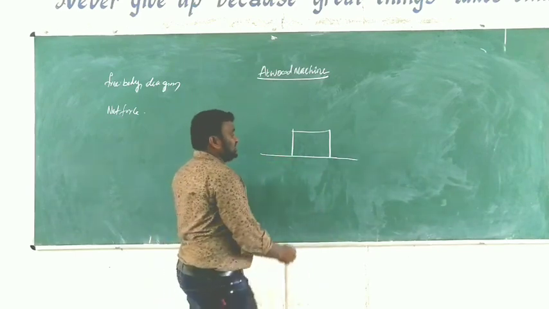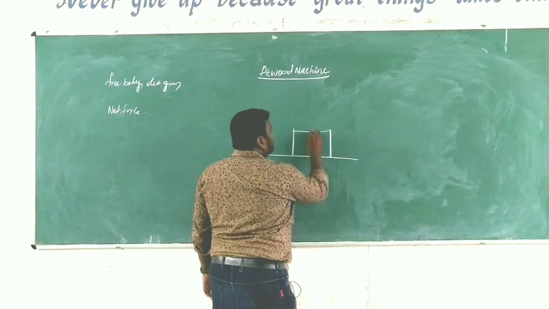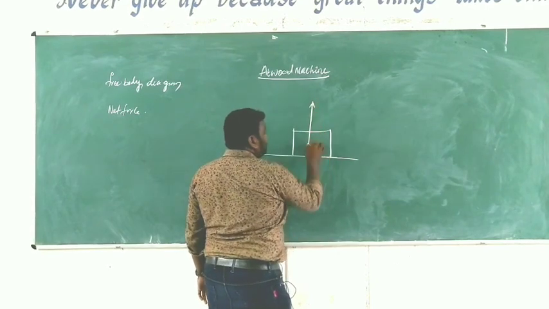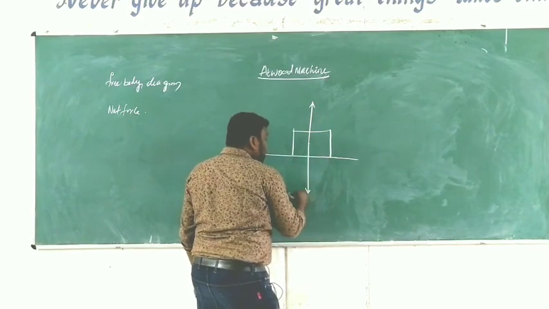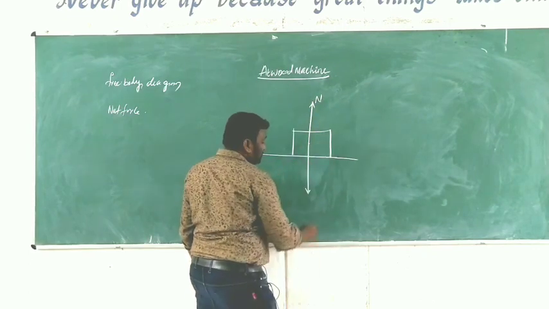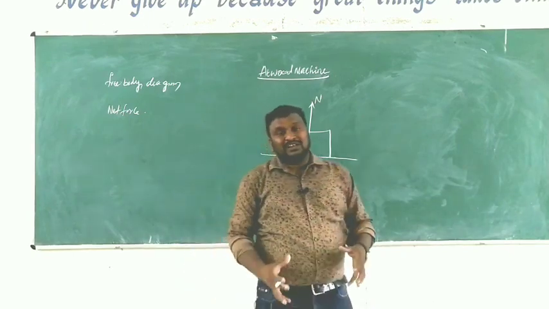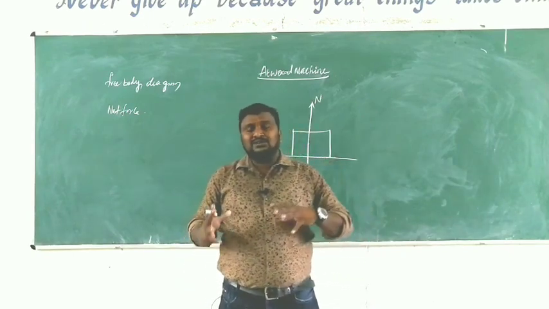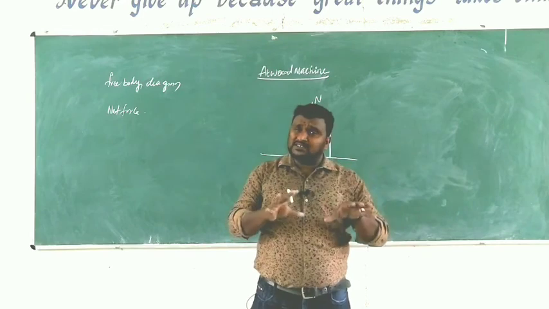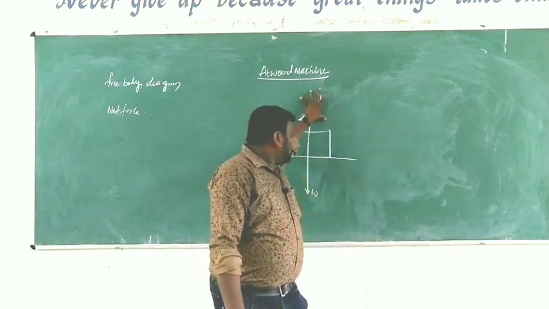In this case some forces are there. The upward force is normal force and the downward force is weight. The normal force is also called normal reaction. Clear? Normal force and weight.